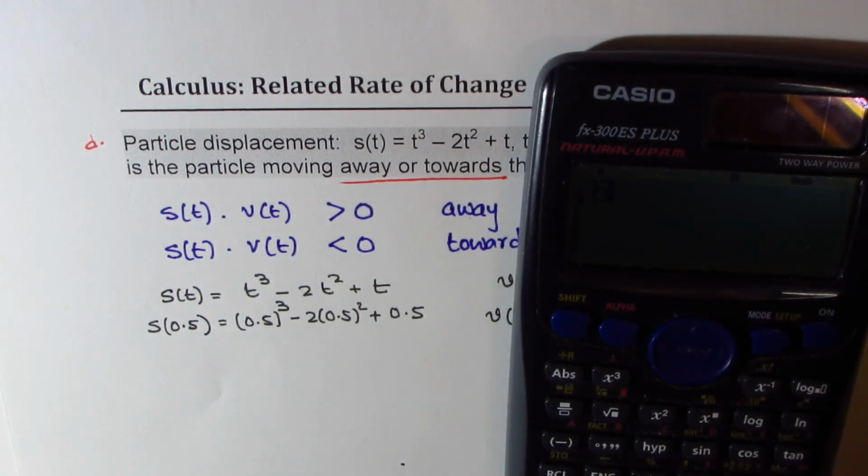So we have 0.5 cube minus 2 times 0.5 square, and then plus 0.5, that is equal to 1/8.